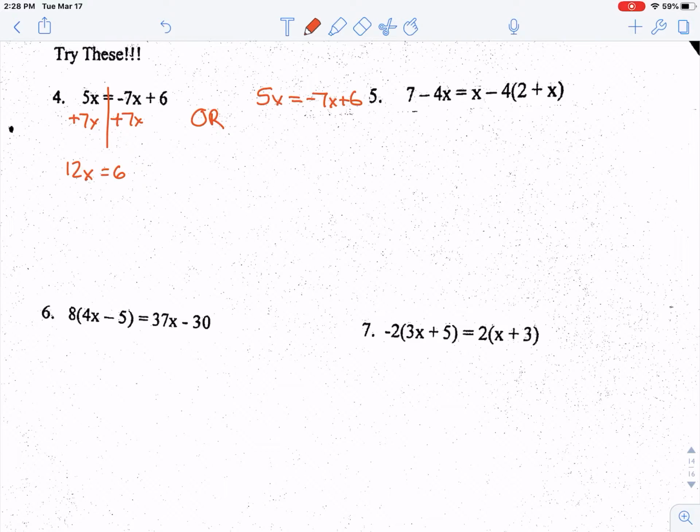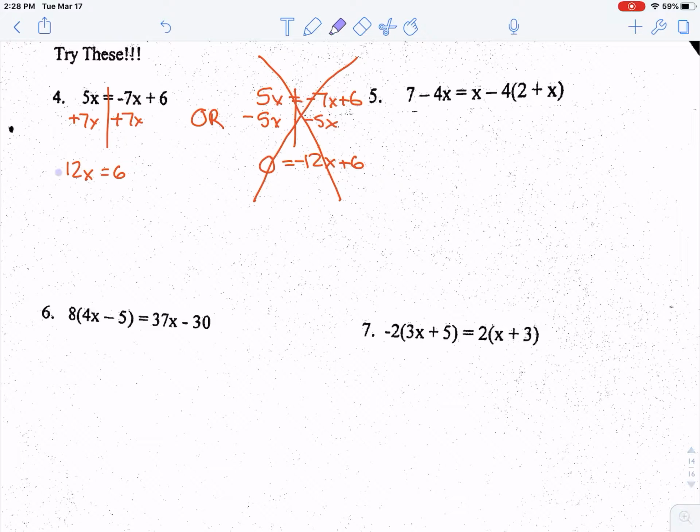I could have technically subtracted 5x over, and I would get 0 is equal to negative 12x plus 6, but then I'd have to worry about moving that 6 back over and solving, so it just gets a little bit more complicated. So again, I would not do this, but you can technically. It won't be wrong if you do it the right way.